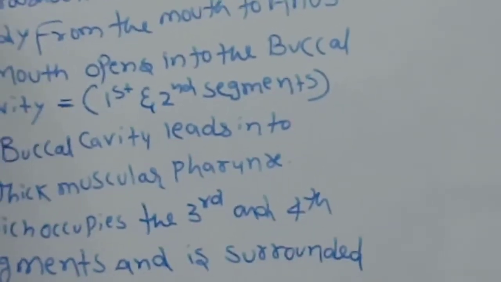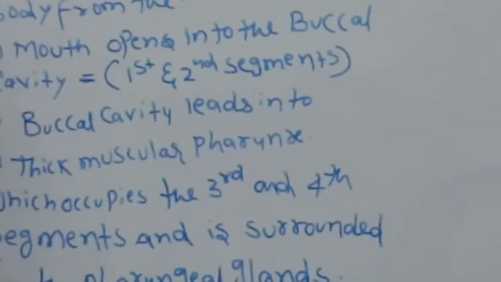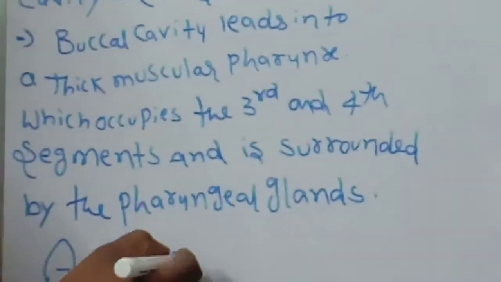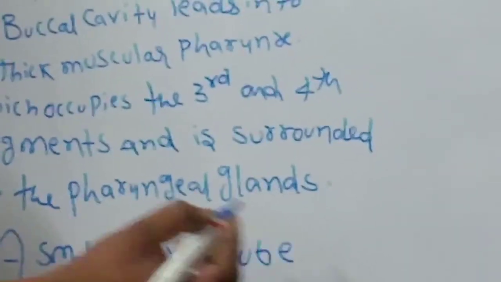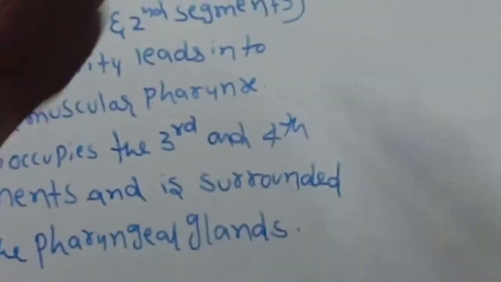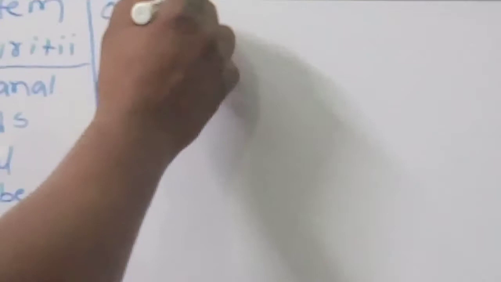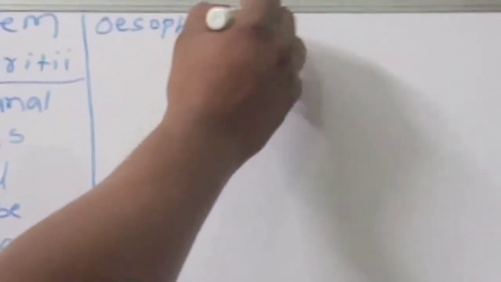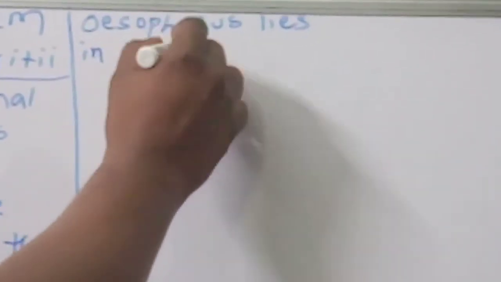Next, a small narrow tube, the esophagus, lies in the fifth segment.